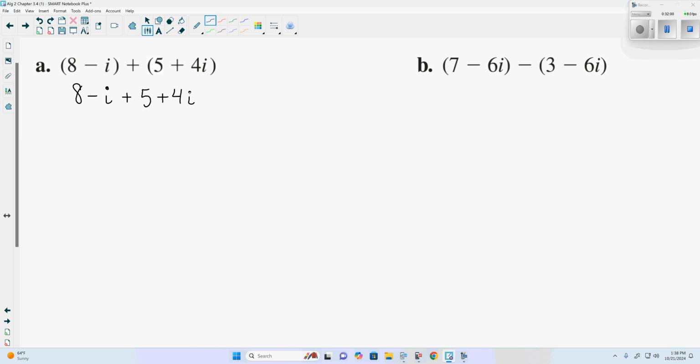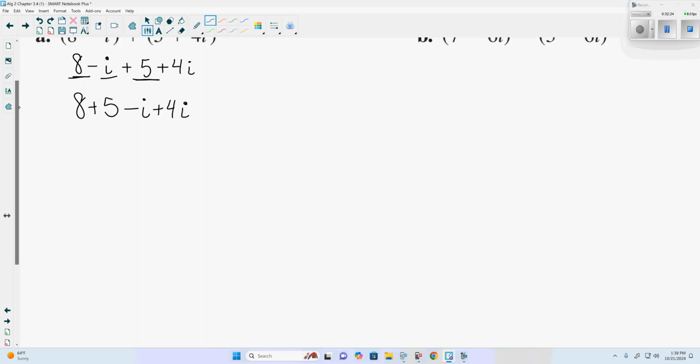We can just drop the parentheses and we get this here. Questions on this so far? Now we're going to rearrange it a little bit so we get our real parts together, the real numbers, 8 and 5. So we're saying 8 plus 5. And then our negative i plus 4i. Questions on this so far?